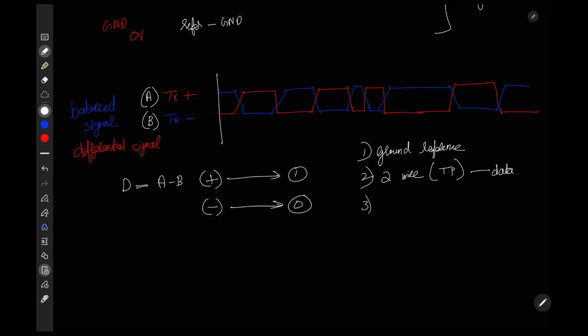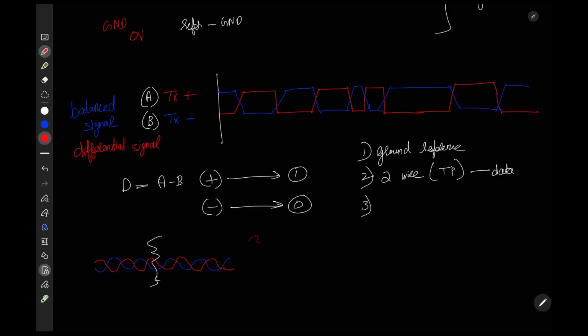The third advantage is that, because you're not using a ground reference and you have two wires in a twisted pair, any noise in the channel is handled well. Suppose an electromagnetic noise comes into the channel.